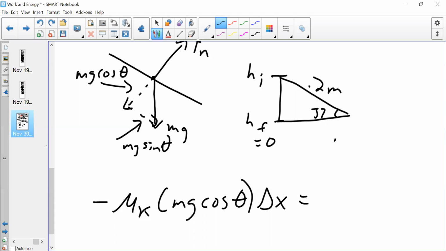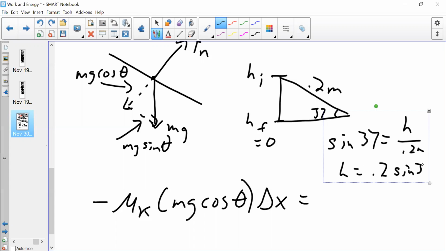Okay, so sine of 37 is going to be the opposite, which is what we're trying to find, over the hypotenuse. And so the h that we're looking for is 0.2 times sine of 37.